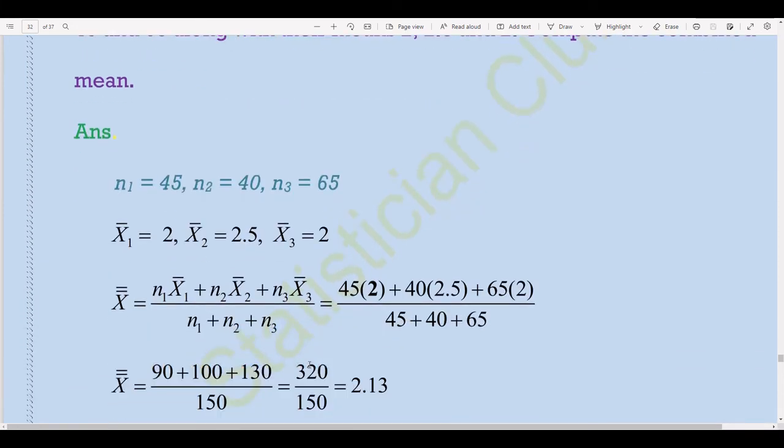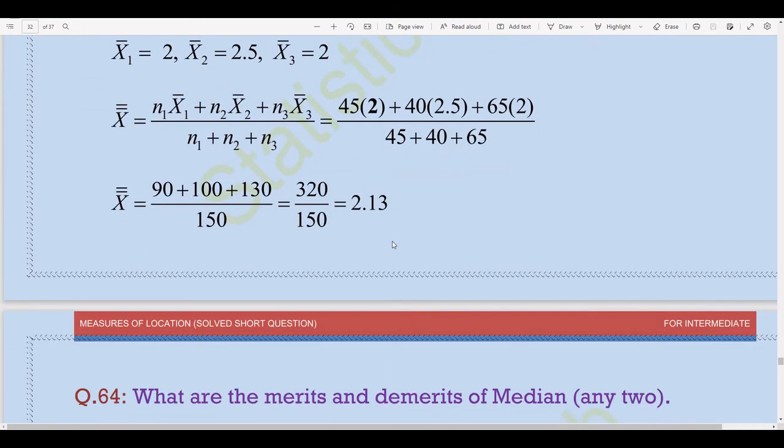The formula for the combined mean, x double bar, or you can write it as x bar with subscript small c. When you write something down here, it is called a subscript in small letters. So x bar c, or x double bar, is n1 x1 bar plus n2 x2 bar plus n3 x3 bar over n1 plus n2 plus n3. Put all values in the combined mean formula and your combined mean is 2.13.